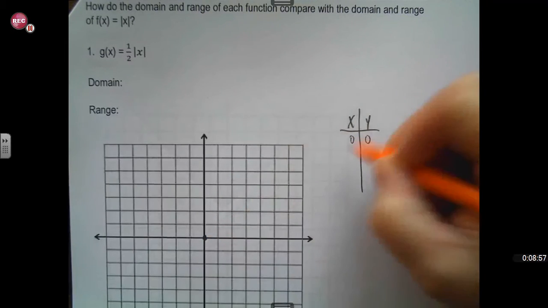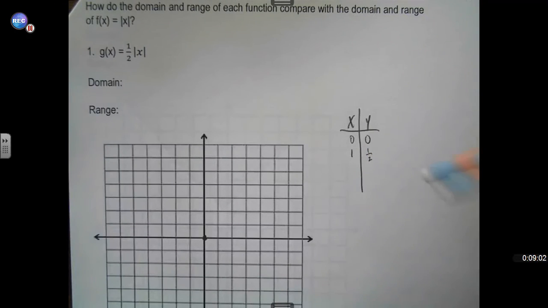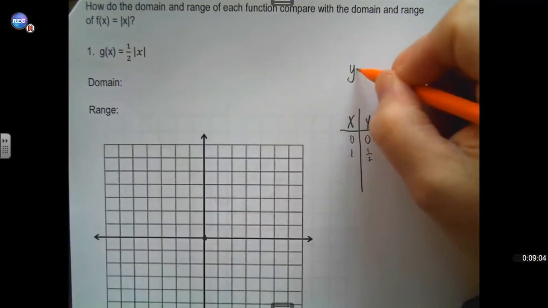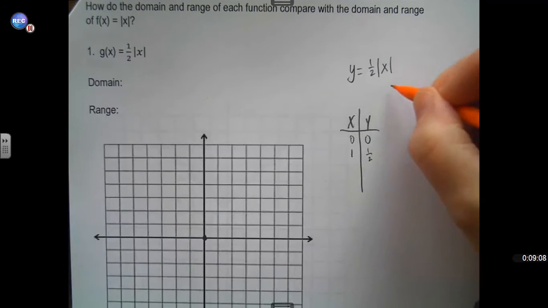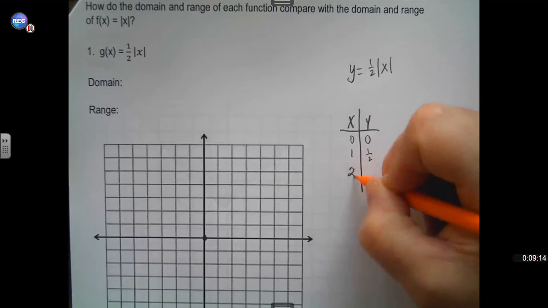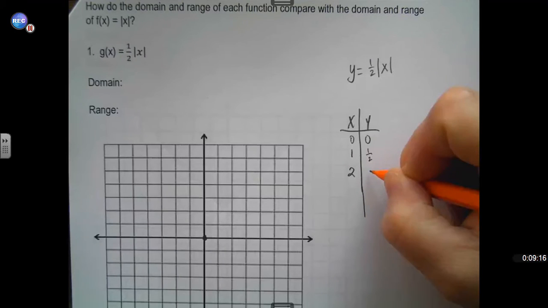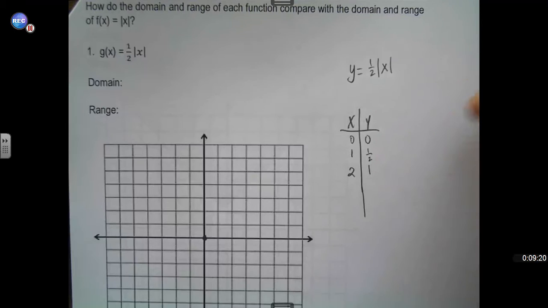I'm going to plug in 1 for x, and I'll get 1/2 for y, because we're graphing 1/2 times the absolute value of x. The absolute value of 1 is 1, times 1/2 is 1/2. If I plug in 2, the absolute value of 2 is 2, times 1/2 is 1.